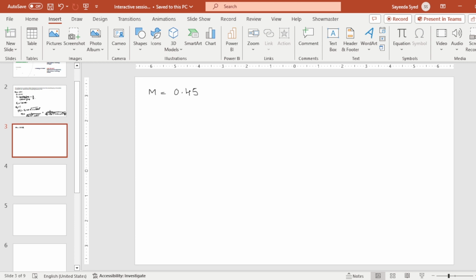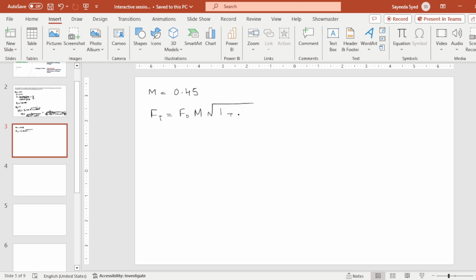Here Ft is F naught M times the square root of 1 plus (2 D r) square.